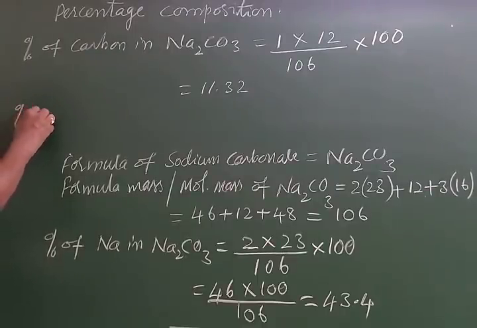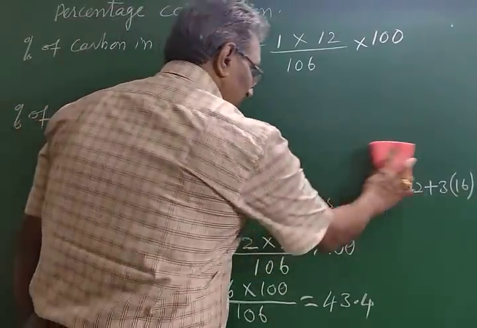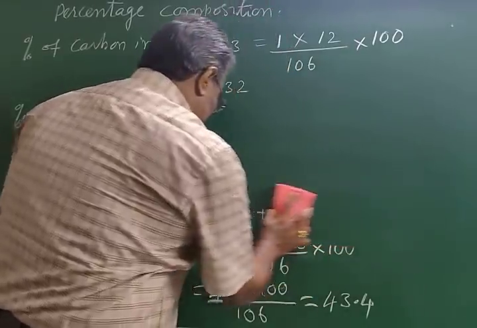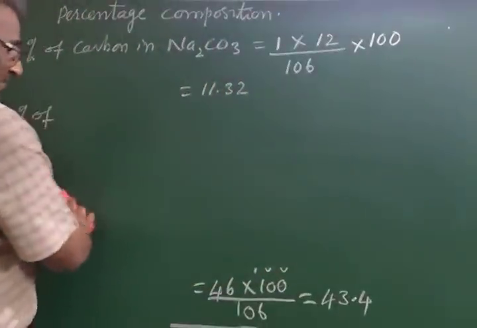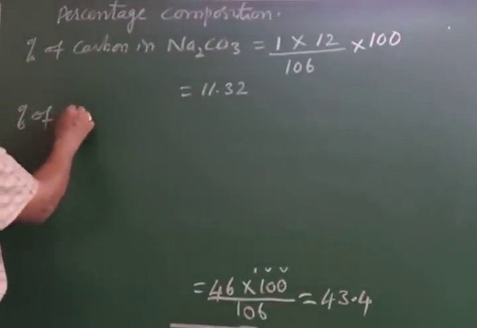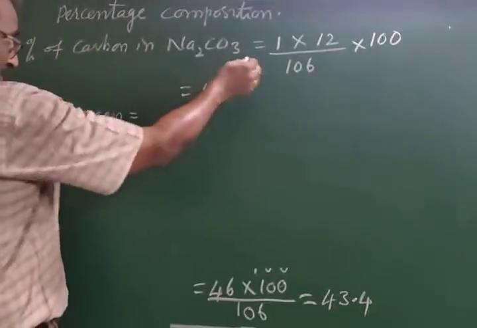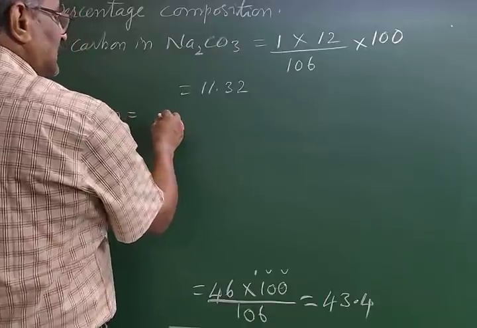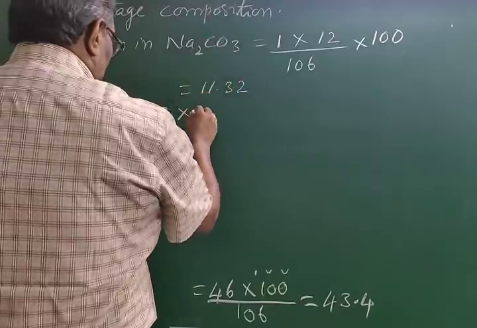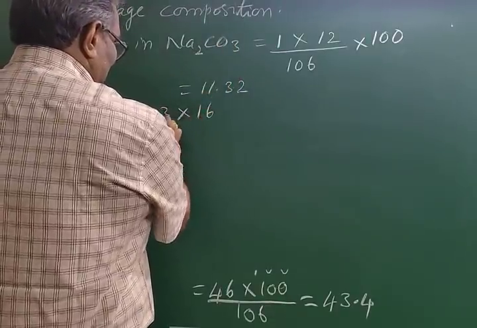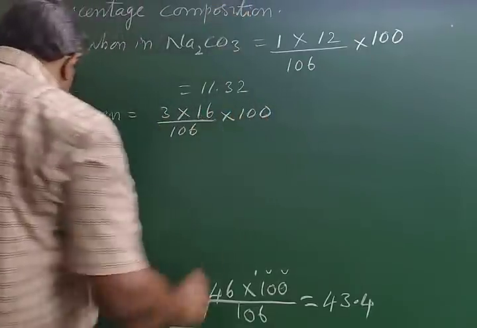Next, what is the other element present in sodium carbonate? Oxygen. Percentage of oxygen is equal to the number of atoms of oxygen, that is 3, into the atomic mass of oxygen, 16, by 106 into 100.